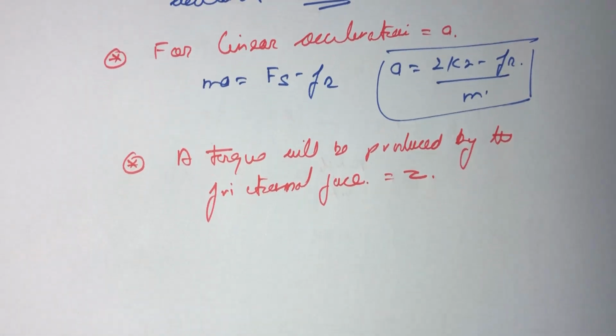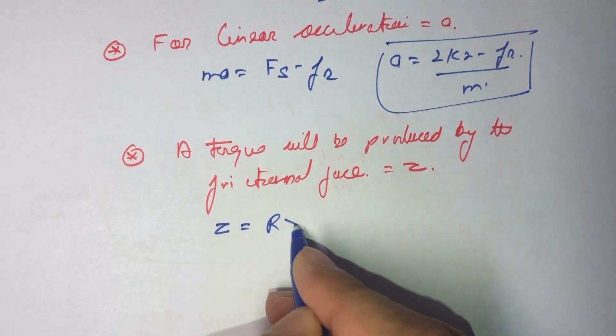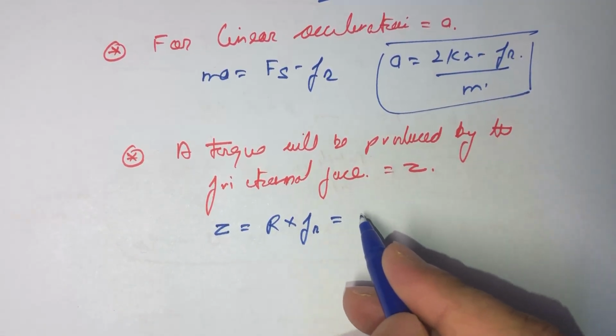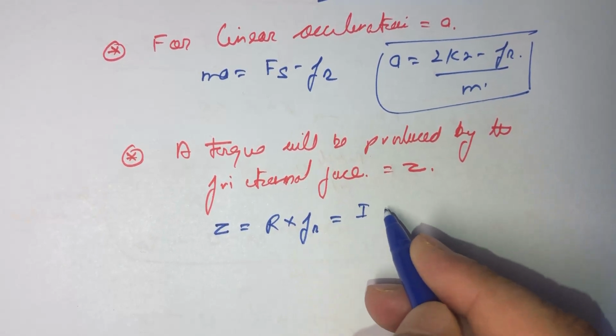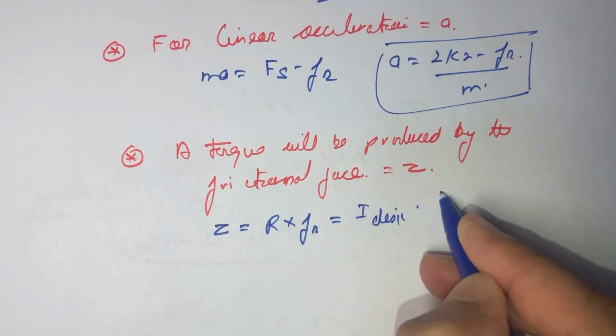So we can write that tau is equal to r cross the frictional force, and which will also be equal to the moment of inertia of the disk multiplied by angular acceleration alpha.